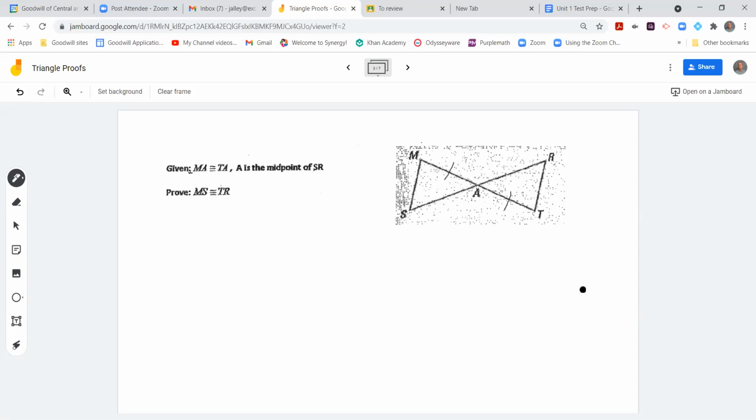A is the midpoint of SR. So how does that help us? If A here is the midpoint of this line here, what does that tell us about these other parts of these triangles?